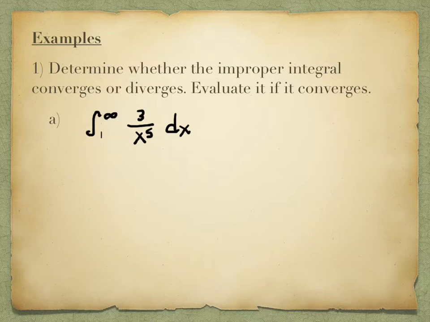If we attempt to evaluate it and we end up at the end with an answer that's infinity or negative infinity, then that's going to mean that it diverges. So it is by attempting to evaluate it that we are going to make the decision of whether or not it converges or diverges. Okay, so this isn't like a step 1, step 2. It's almost like we're going to do step 2 and then we're going to make that decision about step 1, the way the directions are worded.